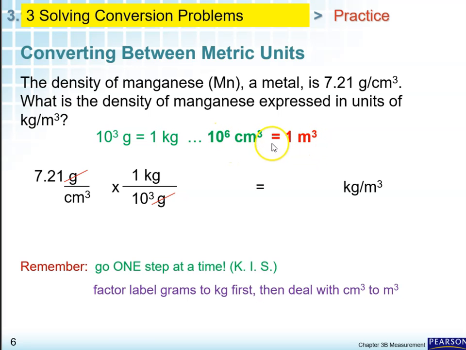Turn this equality into a conversion factor fraction. Notice centimeters cubed is on top here. So the centimeters cubed cancel, and you're left with cubic meters on the bottom. And then you look at our exponents, 10 to the 6th divided by 10 to the 3rd. You're dividing, so subtract the superscript, 6 minus 3. And we end up with 7.2 times 10 to the 3rd kilograms per meter cubed.